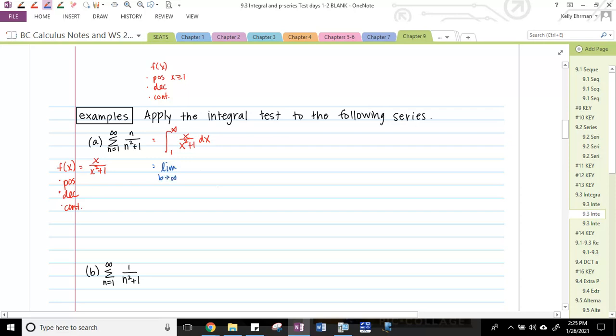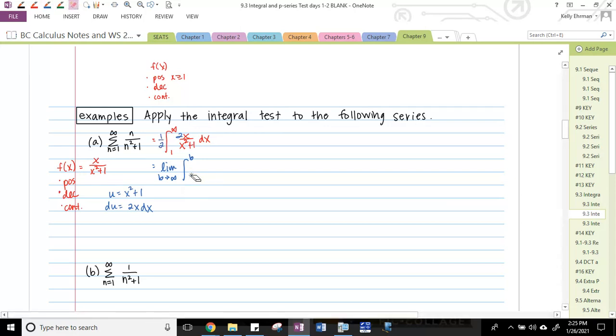I've got the limit as b approaches infinity of the integral from 1 to b. And then let's see, what integration method are we going to use? We had u equals x squared plus 1, so that du would equal 2x dx. I have x dx, I need 2x dx, so I throw 1/2 out there.